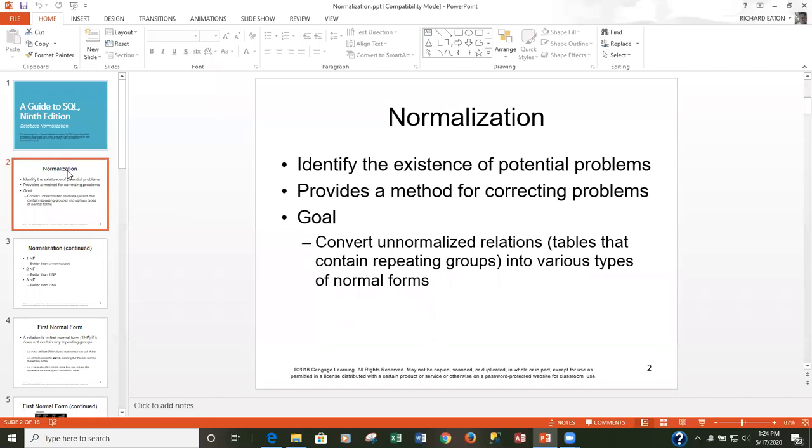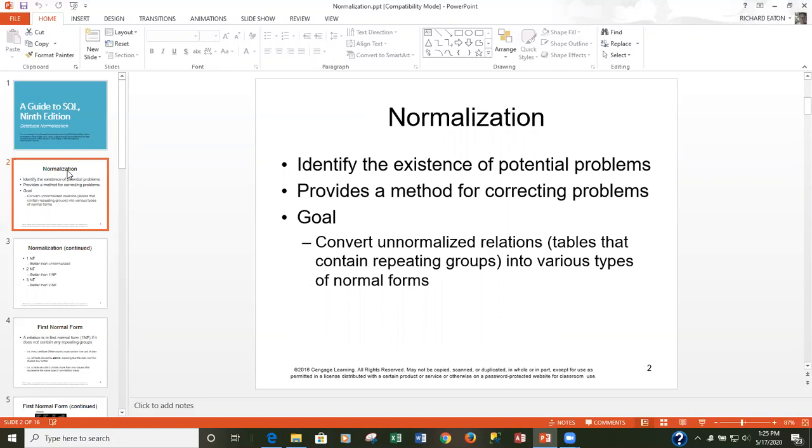I think one thing I've mentioned in prior videos is that beginners in relational database design make a lot of mistakes. What's unfortunate is sometimes they make those mistakes after they've already invested dozens or maybe even hundreds of hours into their design and entering data.